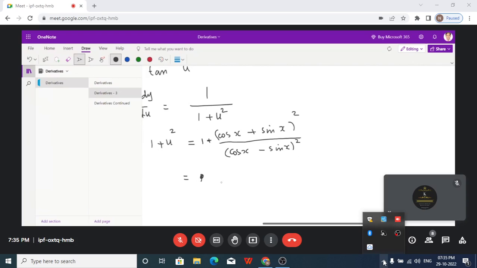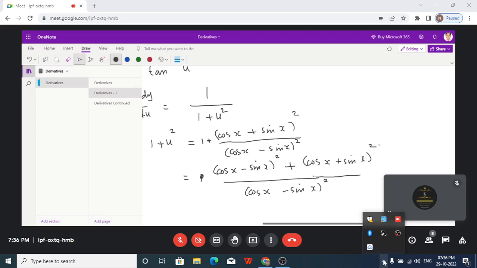Okay. So the denominator will keep as (cos x minus sin x) the whole square. The numerator will be (cos x minus sin x) the whole square plus (cos x plus sin x) the whole square.